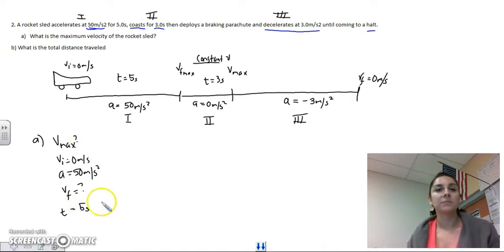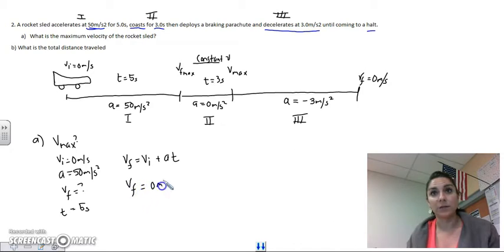So luckily, we have all the ingredients to use this kinematic equation right here. I'm going to plug in initial velocity being 0, acceleration being 50, and then our time as 5 seconds.